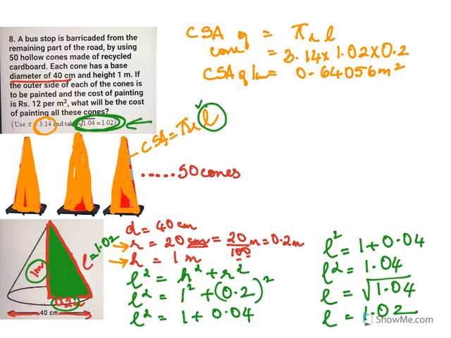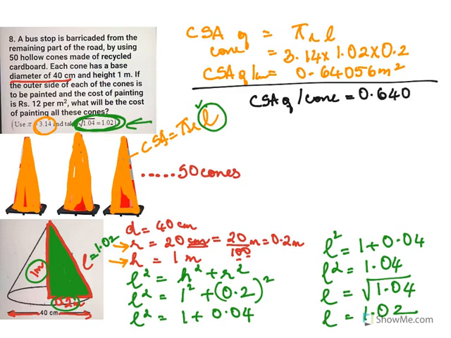But how many cones do we have? Not one. We have 50 such cones. So we write this next part. CSA of one cone equal to 0.64056. That is one cone. So we need to find now CSA of how many cones?